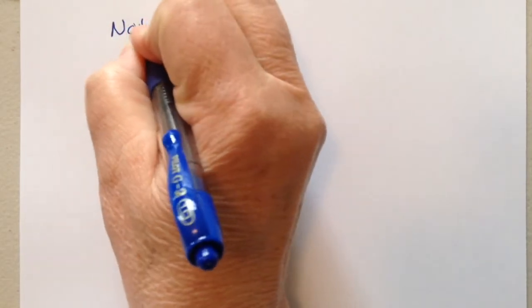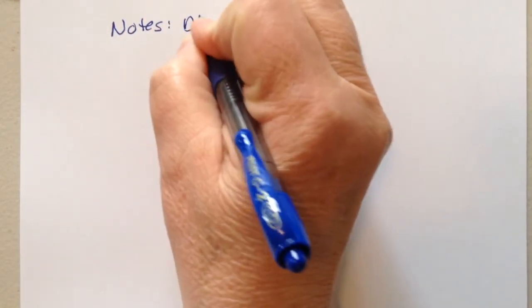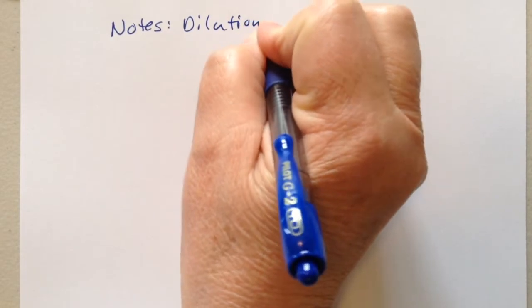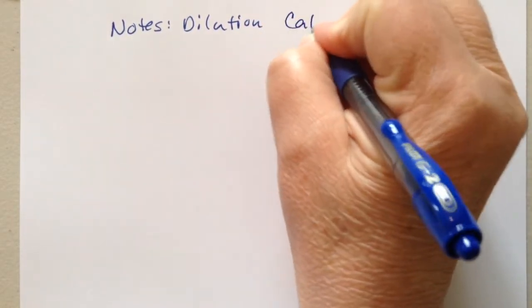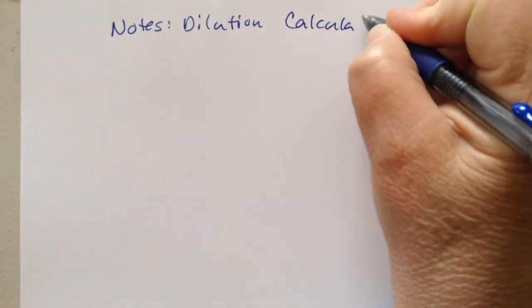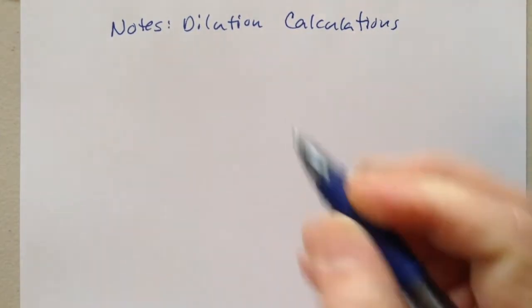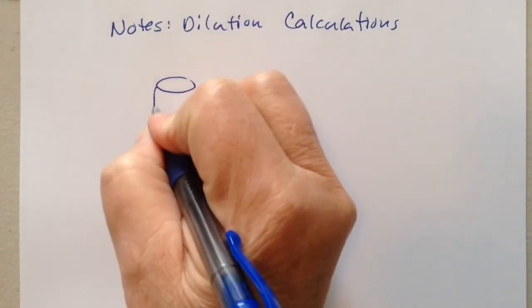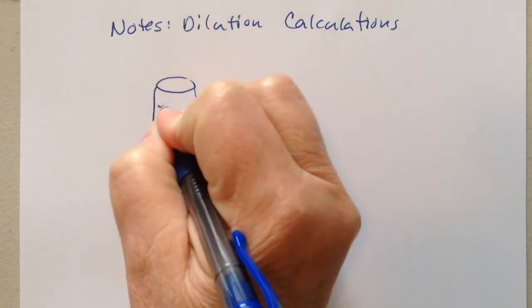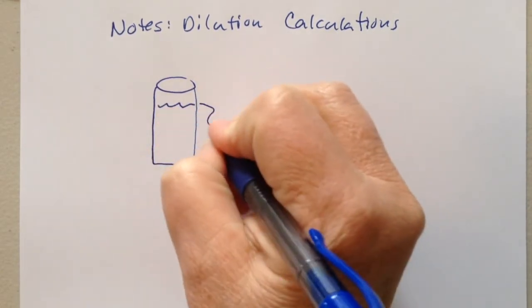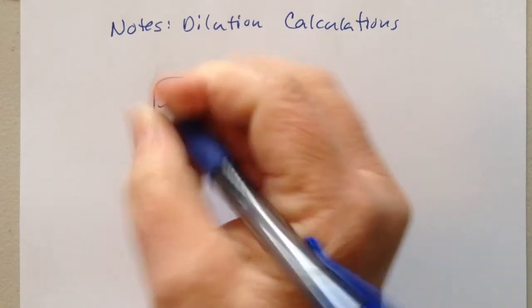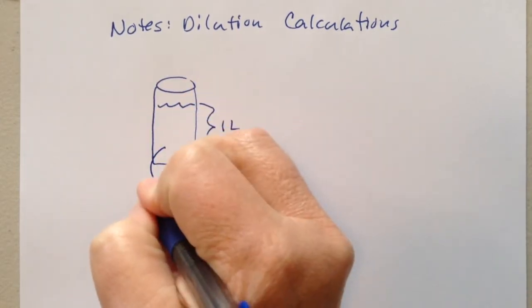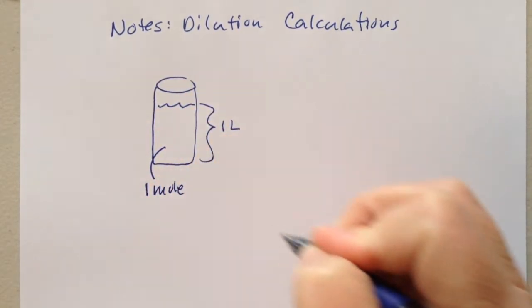So notes, dilution calculation. And what we just saw in the demo is that if you have 1 liter of a solution and you have 1 mole, and let's say we're talking about sodium chloride.